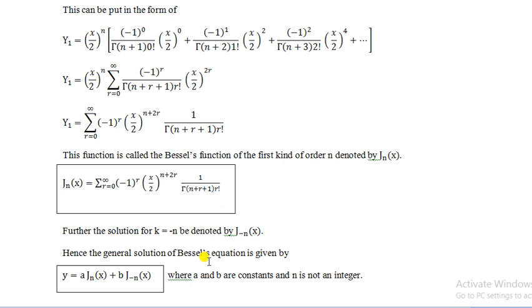And the general solution of Bessel's equation is given, for plus n and minus n, as y equals a Jn of x plus b J minus n of x here. Here a and b are constants and n is not an integer.